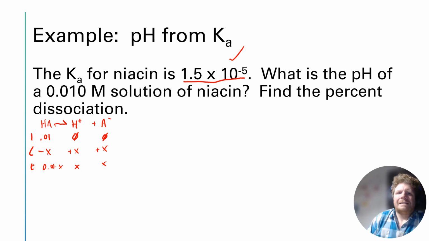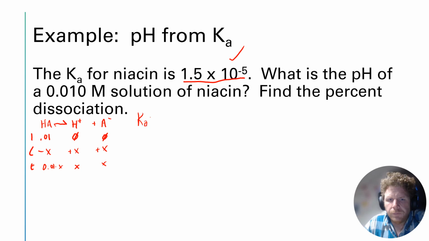Now this Ka value is just like any sort of equilibrium expression where you get to a point where you're like, can I ignore X, or am I going to have to do the quadratic equation? And this, I would argue, is small enough that we don't have to do the quadratic. What that means is that we're going to set up our Ka expression.